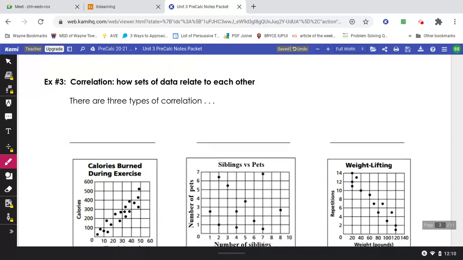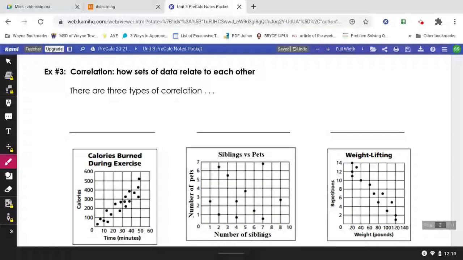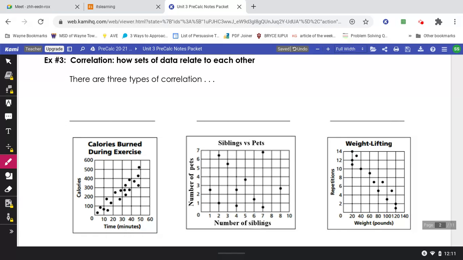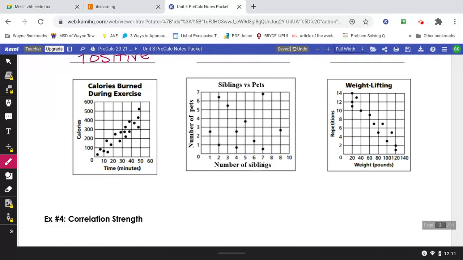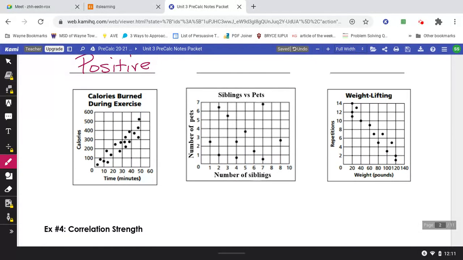On the back side, we have something called correlation, which is how sets of data relate to each other. So how the x's relate to the y's. And there's 3 types of correlation here. You've got this first one, which is positive. You can see in the graph that this is generally going up in that direction. And if you looked at what this graph is actually about, it's about calories burned during exercise.